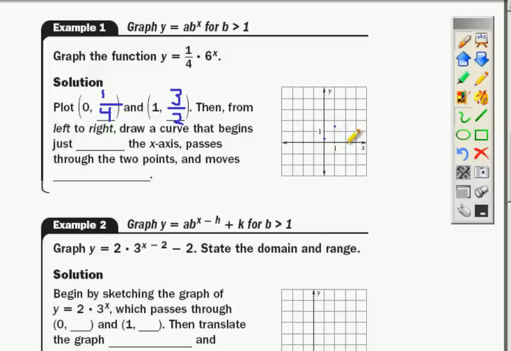Well, the graph of that, if I graphed it by hand, kind of looks like that. I don't know if it's quite enough curved in here, but it's pretty good. You're going to begin, you're going to draw this where it's just above the x-axis.